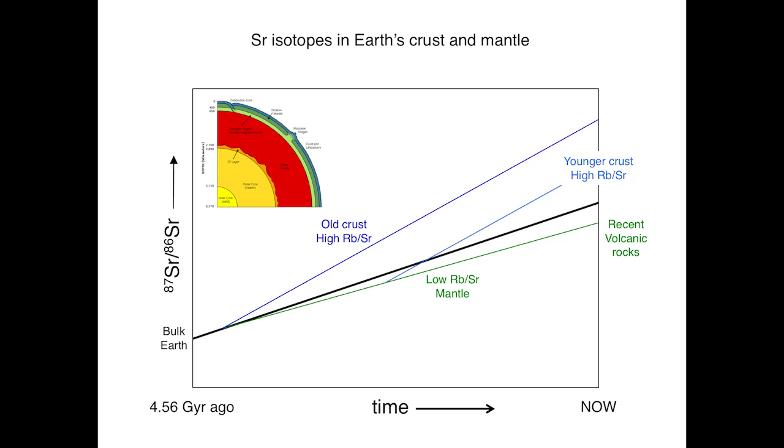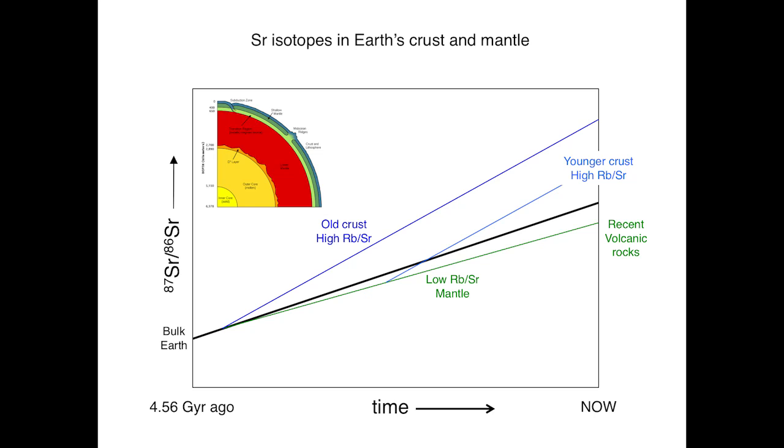And what started to happen early in Earth history is that you started melting the mantle. The melts that you produced rose to the surface, solidified eventually as continental crust. Rubidium is an element that preferentially goes into a melt relative to strontium, so the crust that you formed started to evolve faster because it had more rubidium, producing more strontium-87, and the residual mantle left behind evolves more slowly.